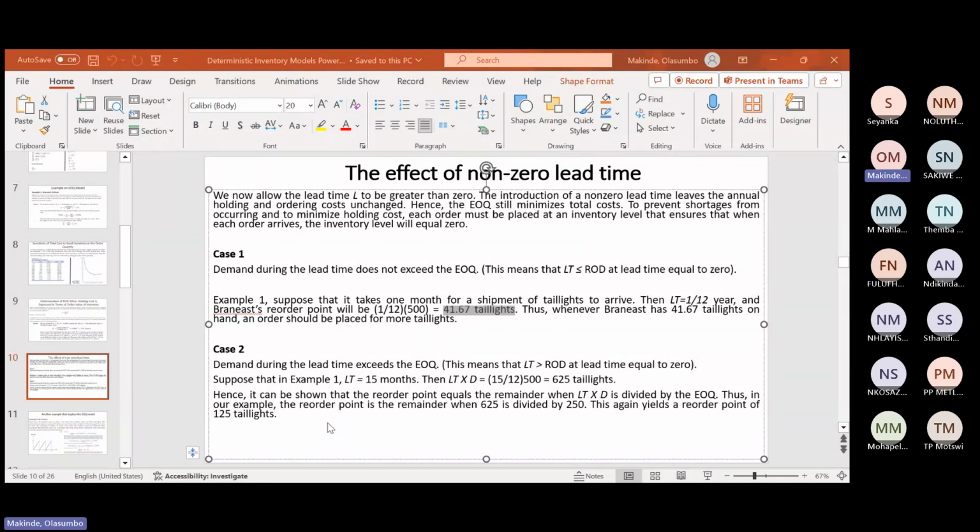That way you still have 41 left that you can continue consuming before the next order arrives. Having that leeway, before that 41 finishes, the order would have arrived. Unlike using EOQ straight, where you run out of stock before placing the order, so you are out of stock for some period before the next order comes.